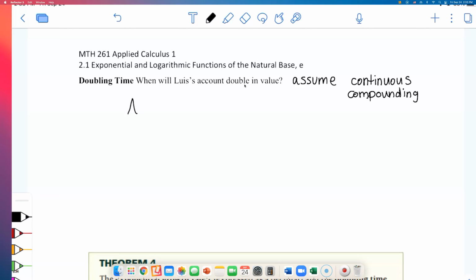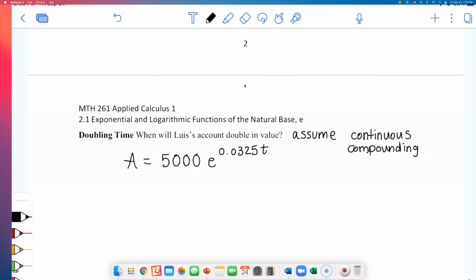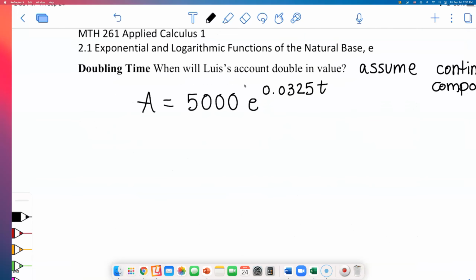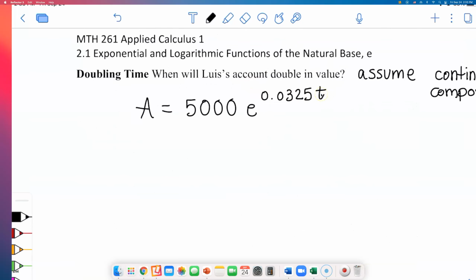So remember, his equation was A equals 5,000 times e raised to the 0.0325 times t, right? Let me check the rate one more time. Yes, the rate is good. But do you understand why I put t as a variable?